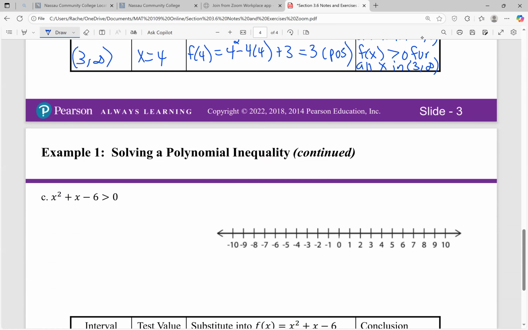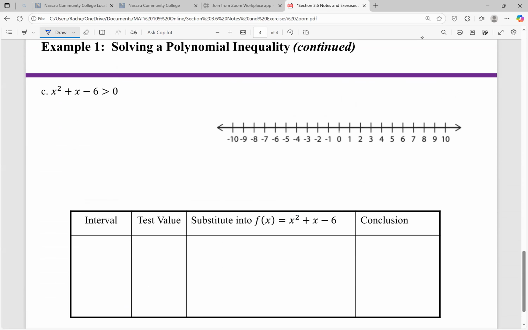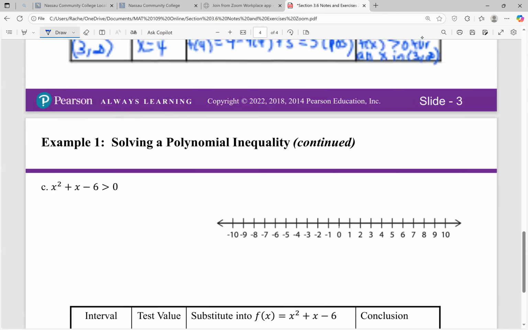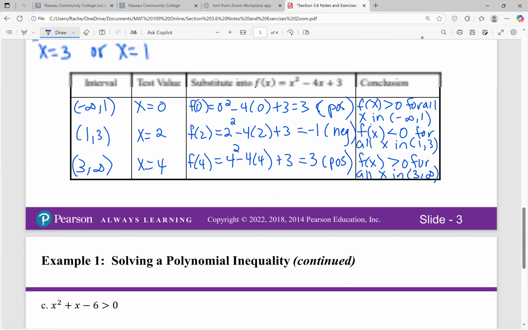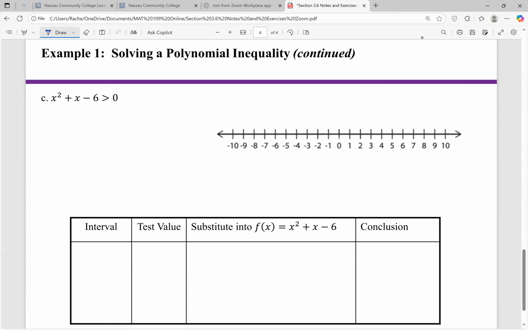We'll do one more. And you know what? Let's do this. Let's not really change, let's just add a little equal sign underneath this inequality.